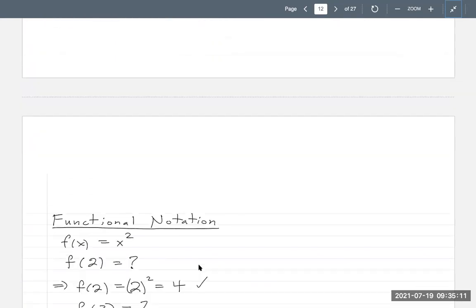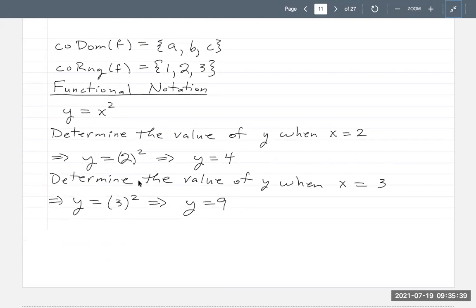Now let's try to do this using functional notation. It turns out that using functional notation, the same question is actually easier to ask because the notation sort of helps us with the question. So let f of x equal x squared, rather than writing y equal x squared.